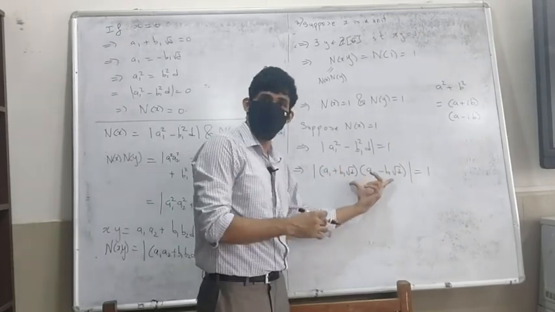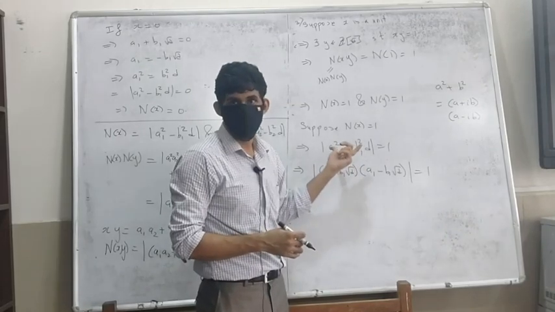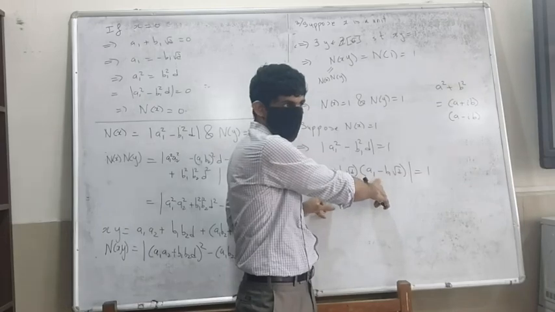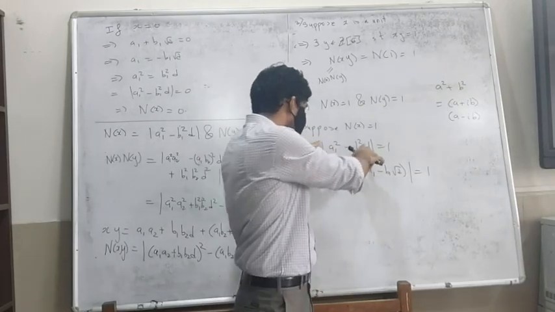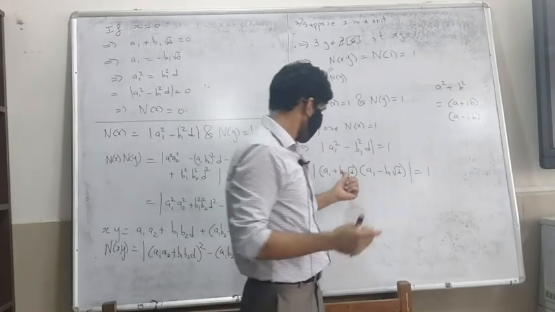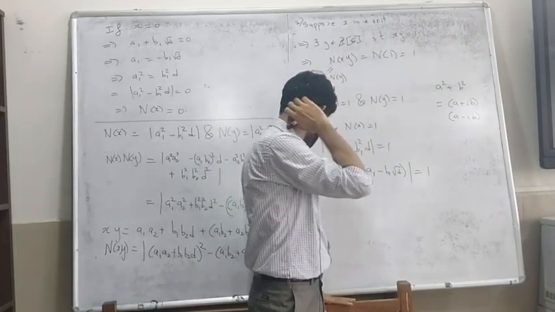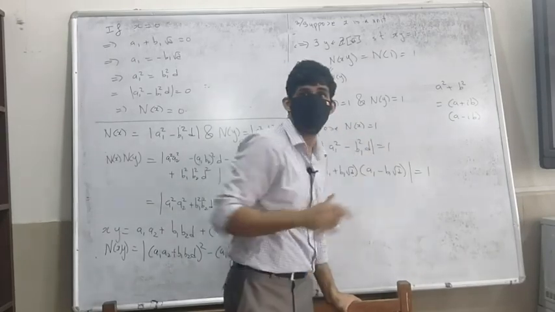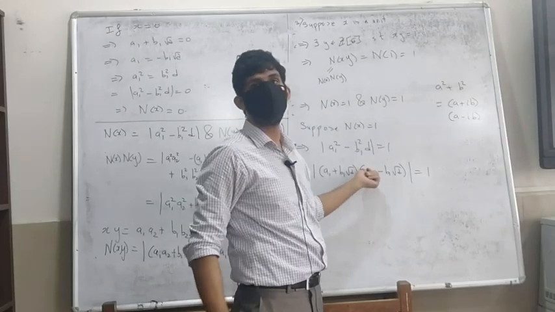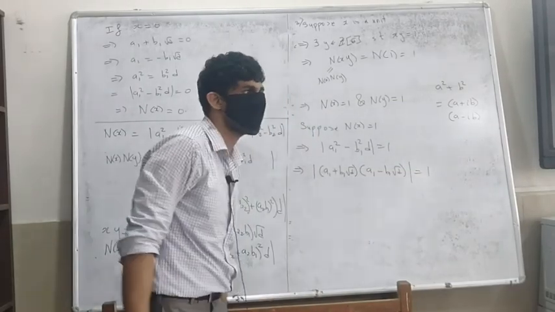See, if this product here is positive, then you can knock off the modulus and that will be the inverse of this. If what is inside the modulus is negative, then this would be minus 1. So then that minus you'll have to pull into this. So then it would be minus a1 plus b1 root d.